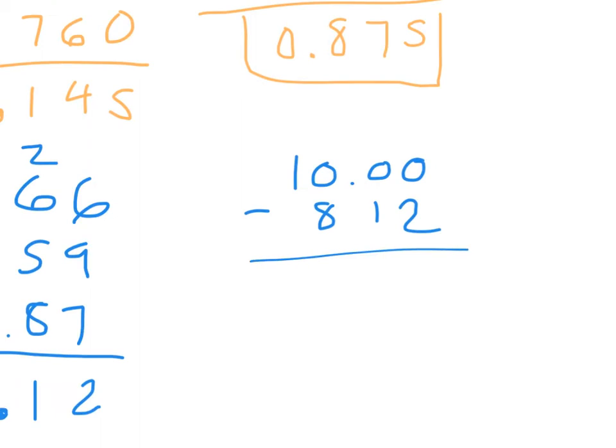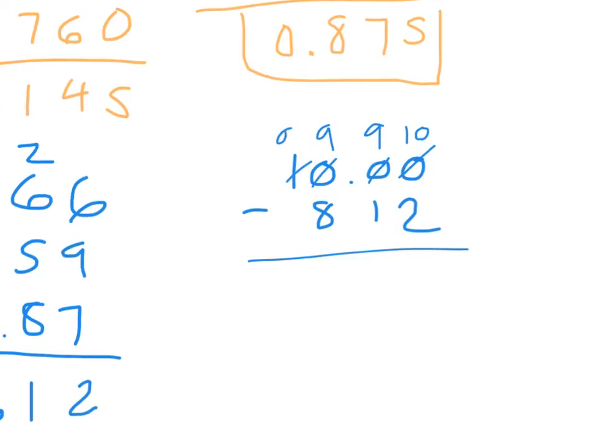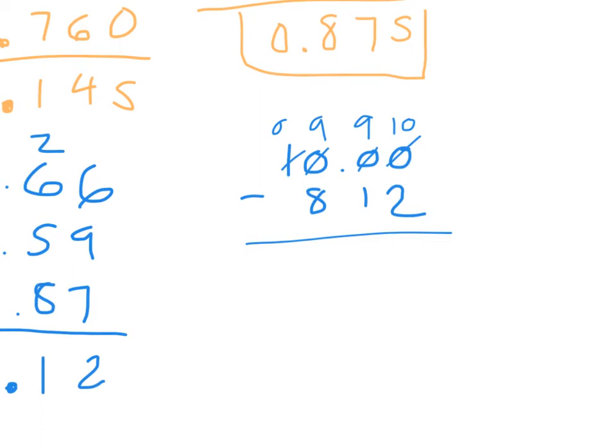So since 0 is less than 2, we need to make this a 10. This becomes a 9, this becomes a 9, that becomes 0. So 10 minus 2 is 8. 9 minus 1 is 8. Drop our decimal down so it's in line. 9 minus 8 is 1. So the change we're getting back would be $1.88.